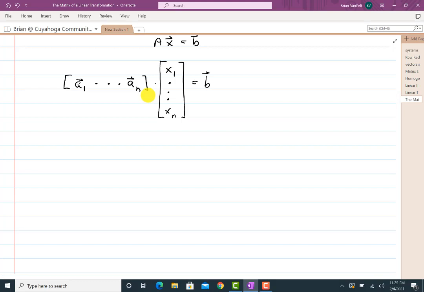Now, according to the definition of multiplying a matrix times a vector, we can break this out in the following way.